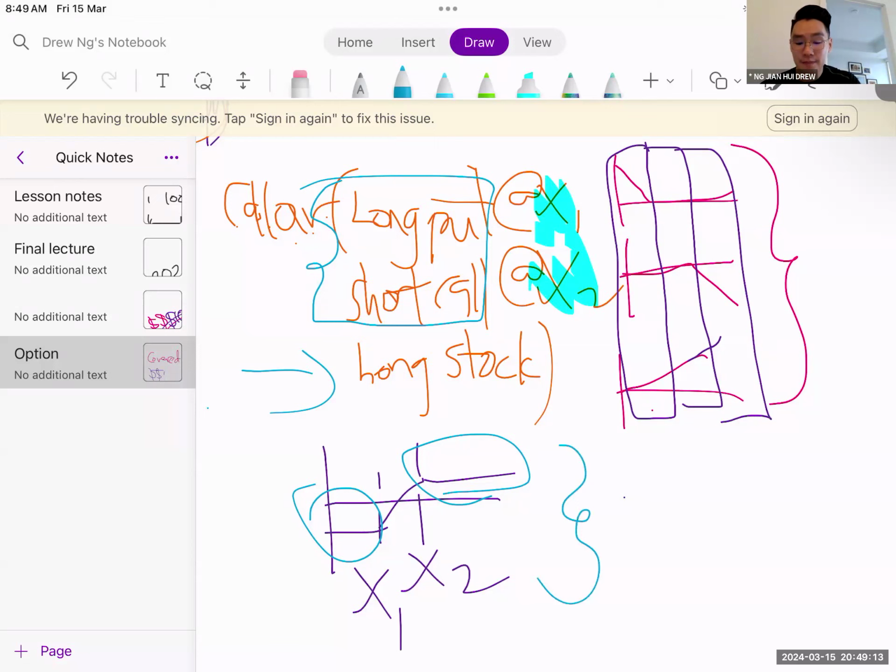You cap the downside, but of course, you also cap the upside. And the good thing is that it is free, right? When you short the call and long the put, you're using the premium from the short call to pay for the long put. It's free for your client, which is good. I mean, who doesn't want free things, right? So yes, you give up some upside, but if your client is worried, you can suggest a collar for them.